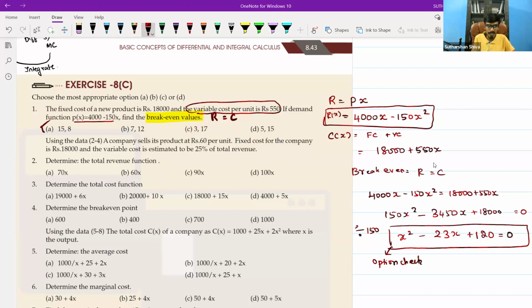So I will choose option A. But here the point is, 15 appears in both option A and option D. So I will also go with option B, 8. 8 squared minus 23 into 8 plus 120, you will get 0. So I will go with my option A. The calculator method everyone knows.